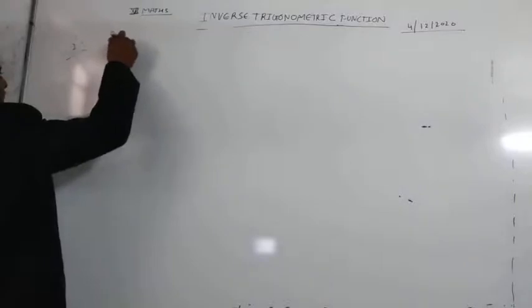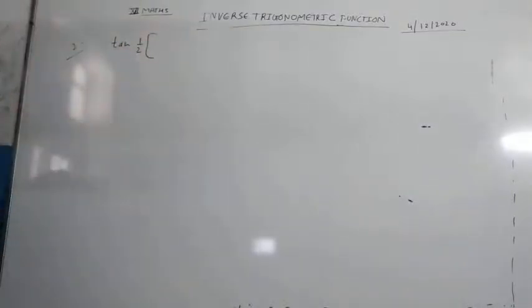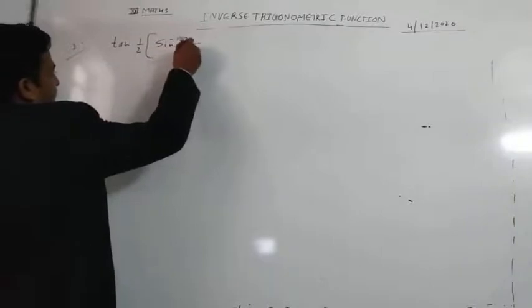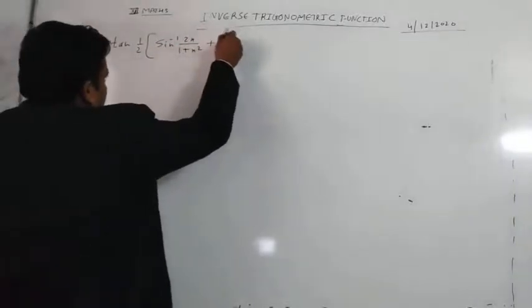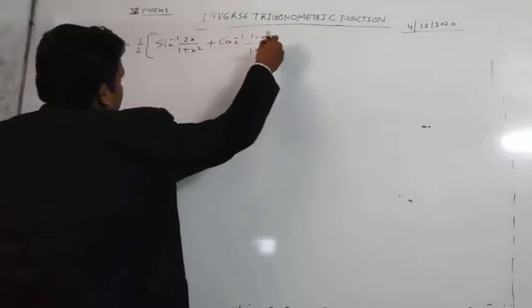The next question is: find the value of the following. Tan of 1 by 2 times sin inverse 2x by (1 plus x square) plus cos inverse (1 minus y square) by (1 plus y square).